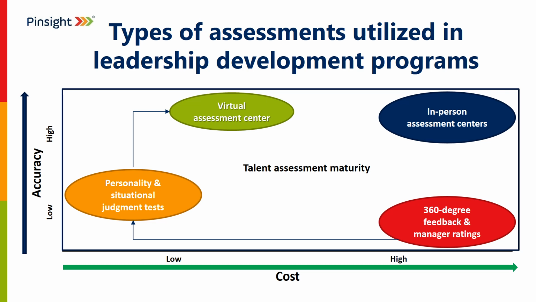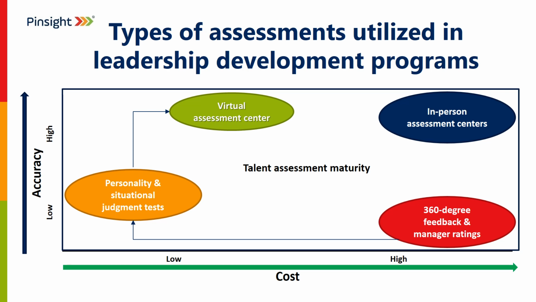On the other lower ends of the spectrum are just basic $10, $20 personality situational judgment tests. And these are very low in cost, so we see that a lot of organizations use them, but they're also low in their accuracy. These are self-report tests, and what that means is that they are as good as the person has insight about their own behavior and their own tendencies, because the candidate or the participant is filling out this information.